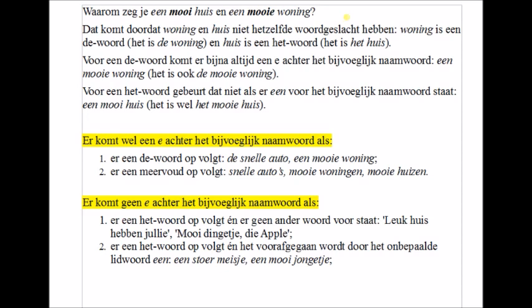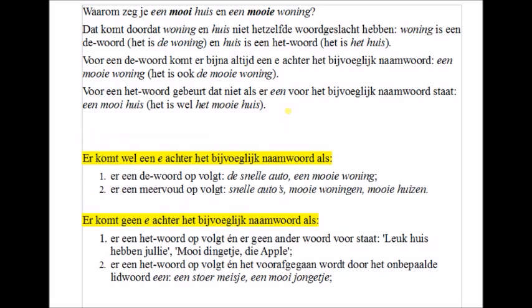I can give you a few more examples. I can write them maybe here. When you have, for example, "de stoel", the chair, and I have, let's say, a big chair. The word "groot" means big.